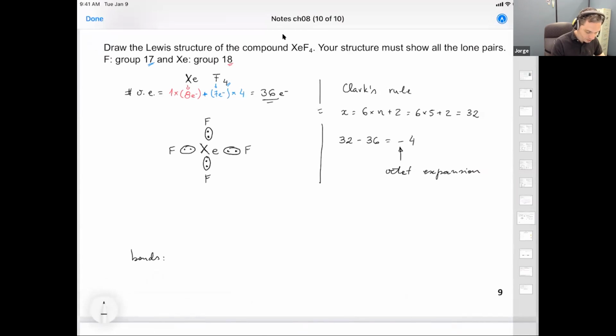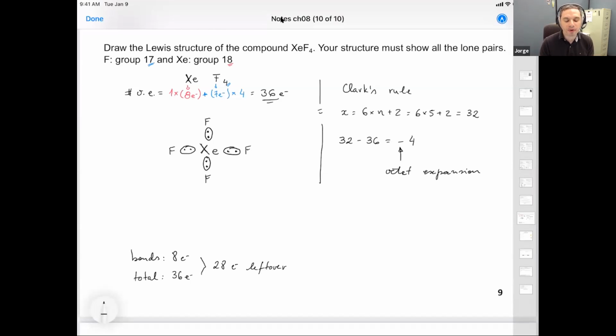Just to make the bonds, we spent 2, 4, 6, and 8 electrons. However, we have a total number of electrons of 36, which means that we have 28 leftover electrons.